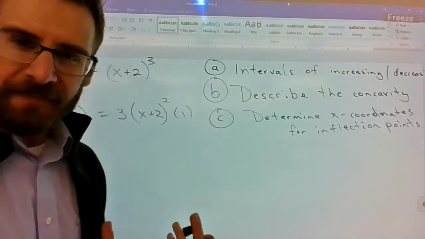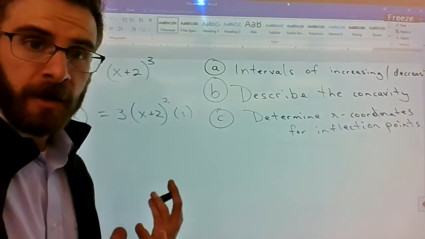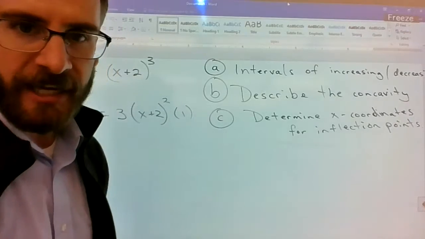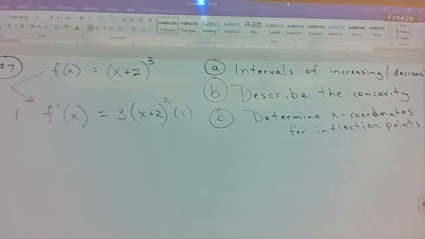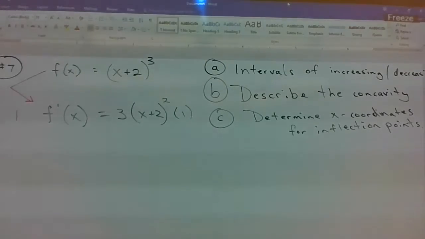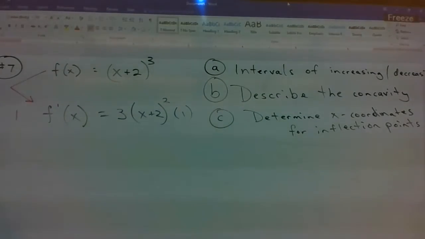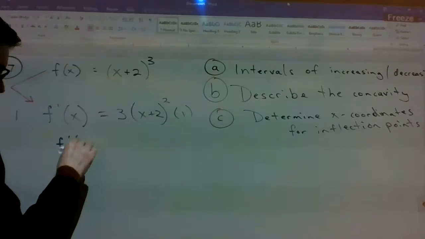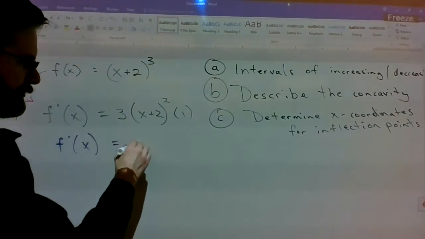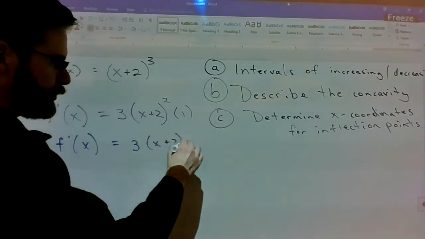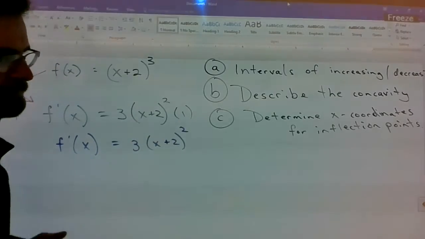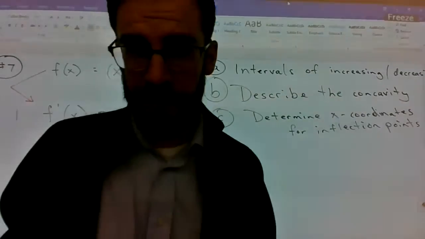And since we're doing everything with respect to x, we don't have to worry about dy dx's or anything like that. So, we've got a derivative of 3 times (x plus 2) squared. 1 times 3 is 3. We're done.